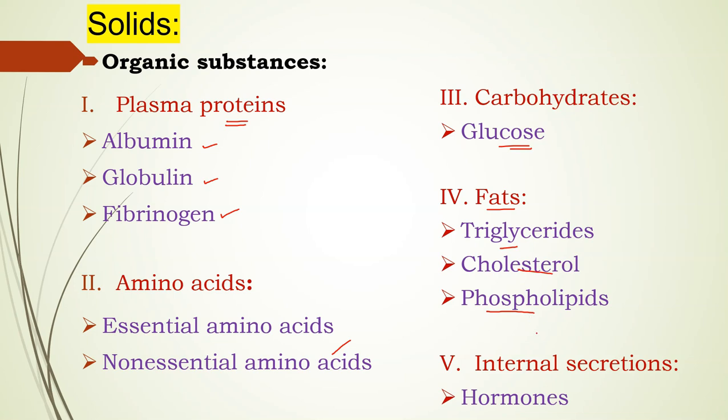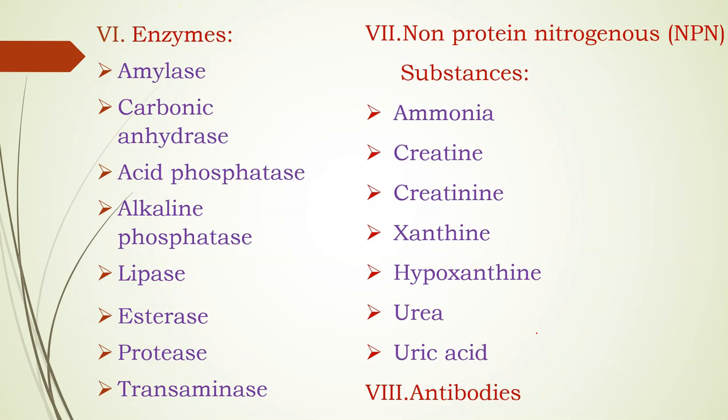Internal secretions like hormones are also found in the plasma, and enzymes. Many enzymes are present, which are amylase, carbonic anhydrase, acid phosphatase, alkaline phosphatase, lipase, esterase, protease, transaminases.